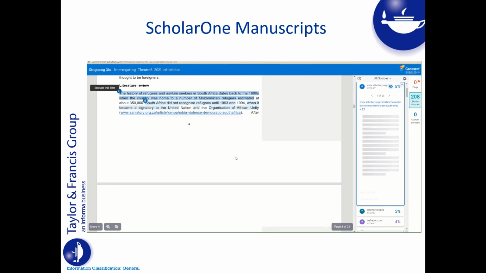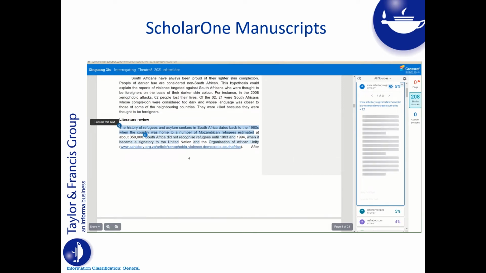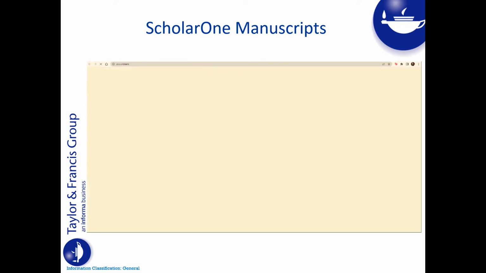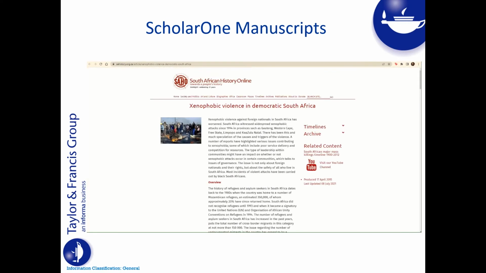When you've selected a source, all the matching text will be highlighted in the submitted paper in the left-hand panel, and the match source panel will expand under the first selected match source, indicating overlapping material. You can click on the hyperlink that appears at the top of this expanded panel to access the specific web page with which the duplication occurred, and this page, as shown, will open in a new tab.